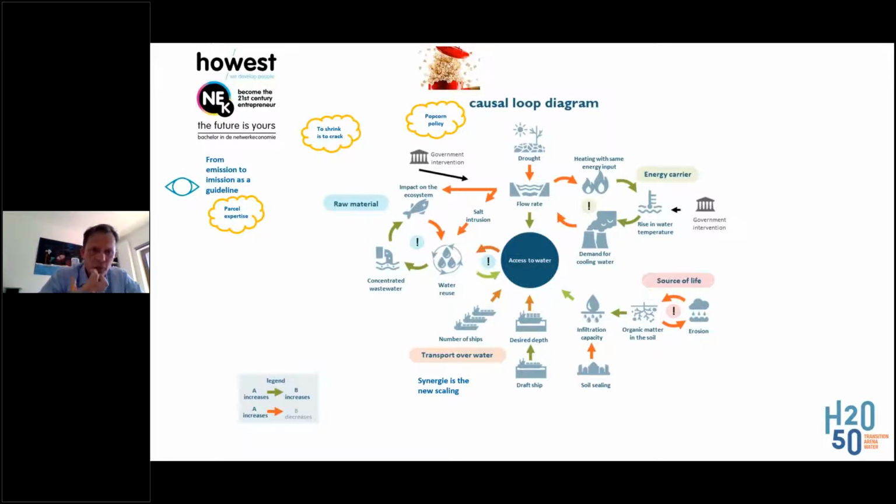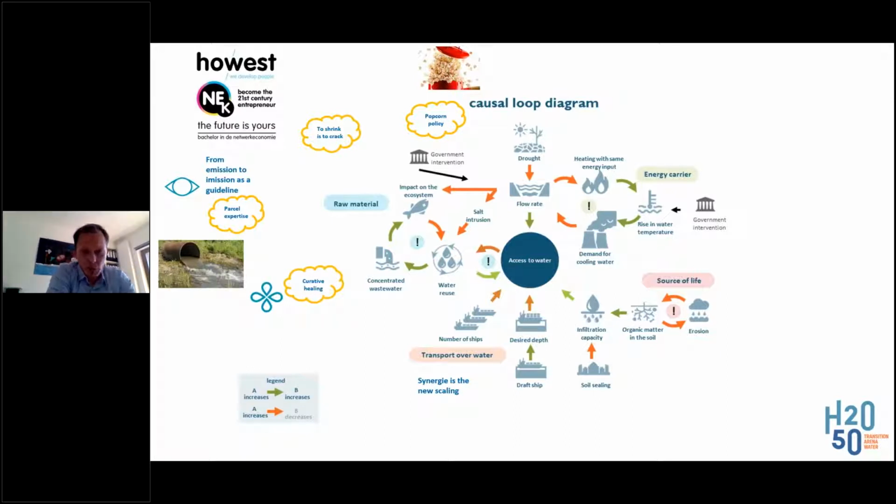Going to a more holistic approach would mean that we go from an emission approach to an immission approach, where the basis of steering all the subsystems is the water quality in your river. So the situation would not be that you would activate an overflow, but that you would steer the water to the wastewater treatment plant, even though you can't treat all the water, because it would have a less negative impact on the whole water system.